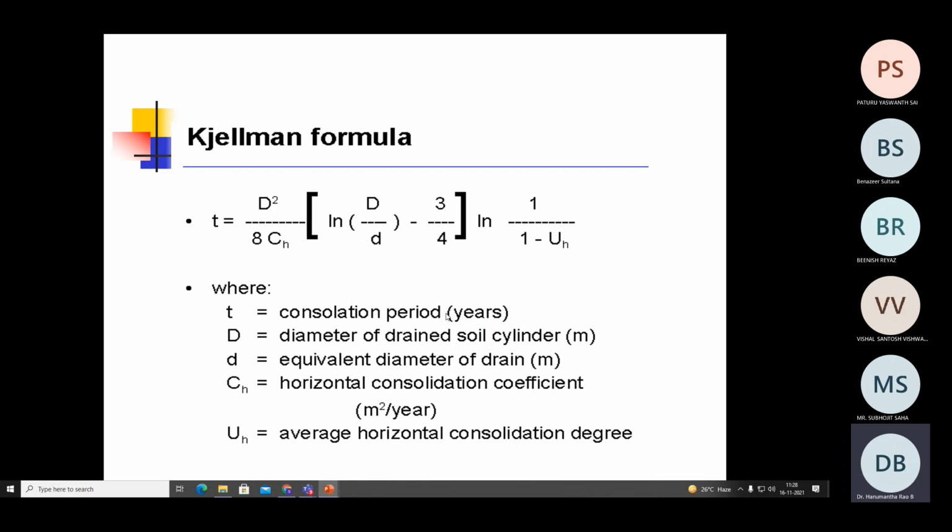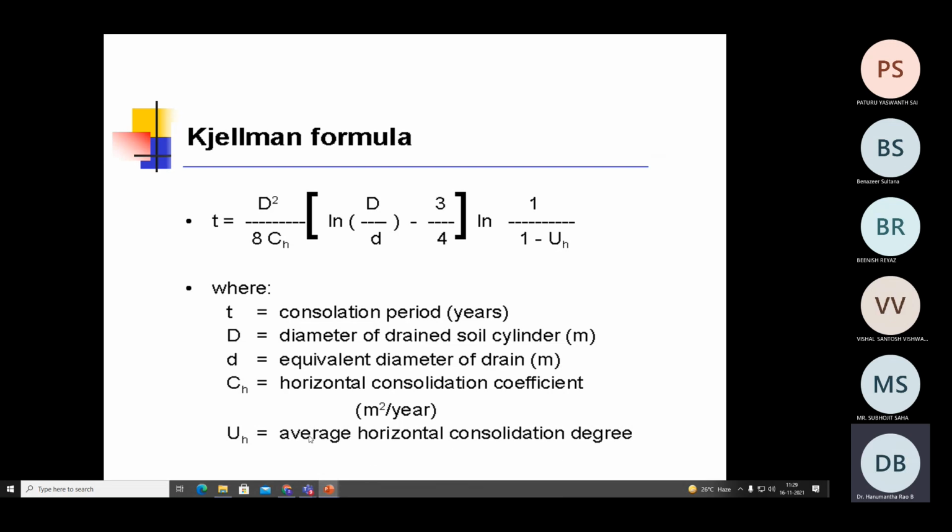So this is another formula where, for example, if I know the degree of consolidation that should be achieved, then how much time is required to achieve that particular consolidation. For example, UT, time required for achieving a certain consolidation, that is UH, average degree of horizontal consolidation.